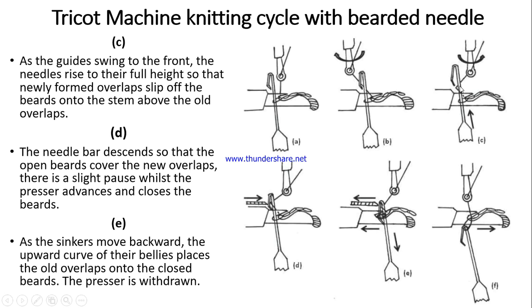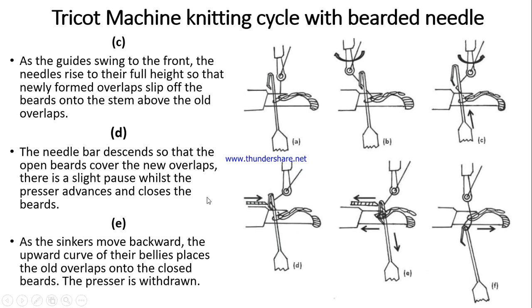So that's why the thread which was left over the beard is now slipped off the beard into the stem above the old overlap. You can see, now it is slipped over.